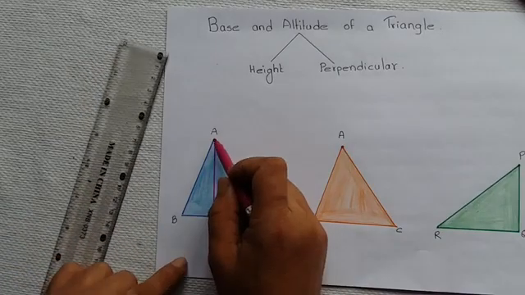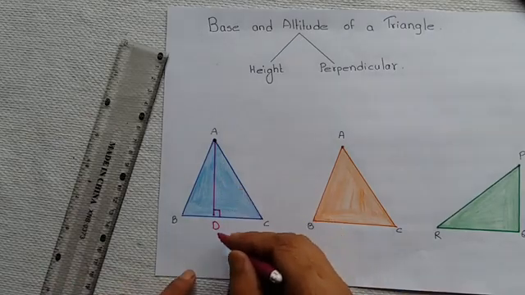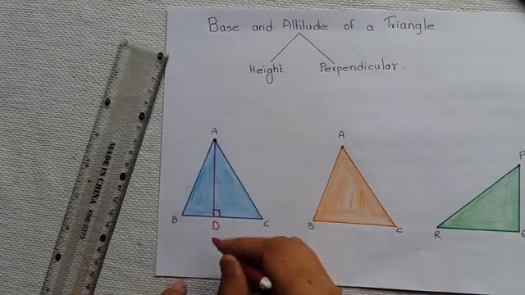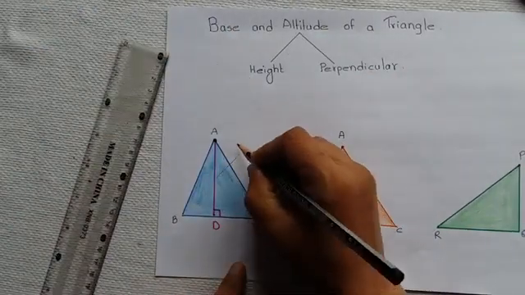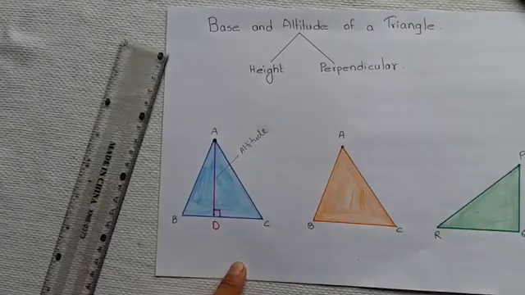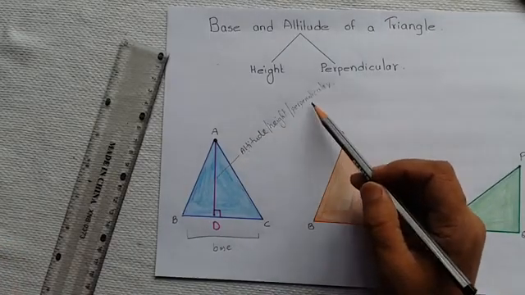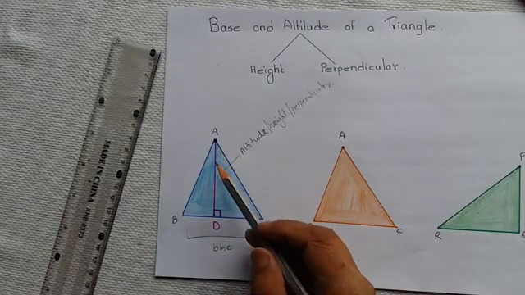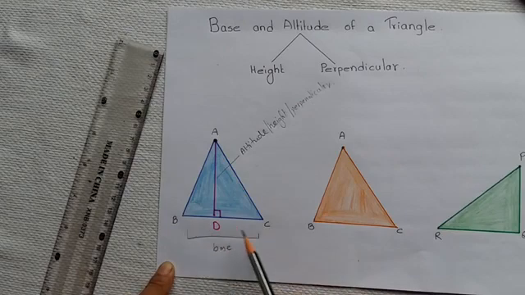This line AD is perpendicular to BC, so BC becomes the base and AD becomes the height or altitude or perpendicular. So this can be termed as altitude.